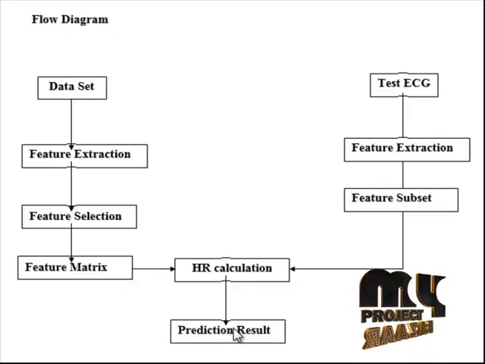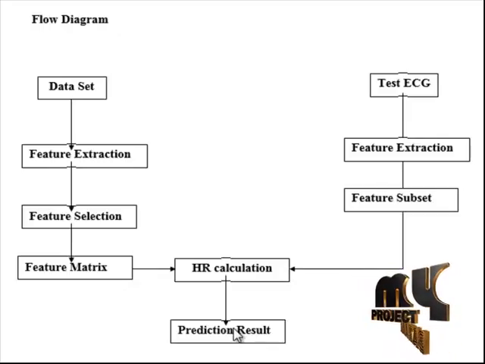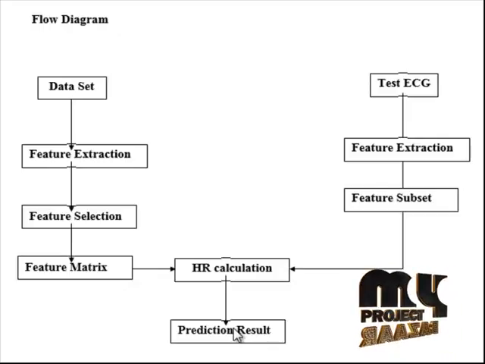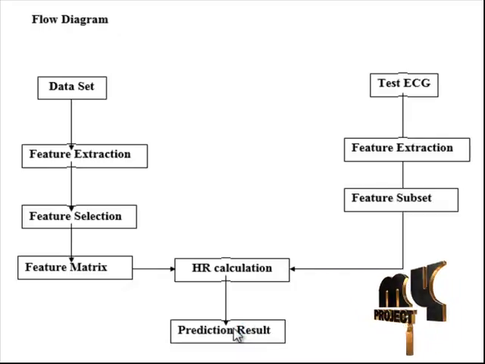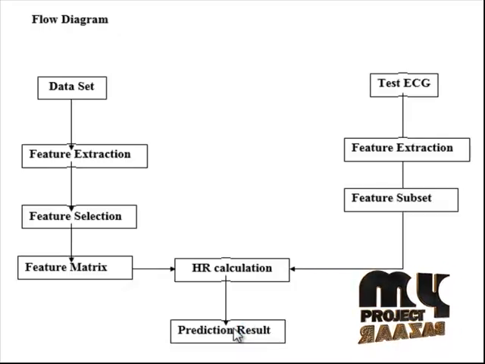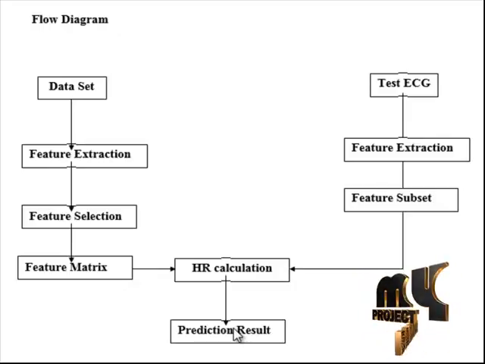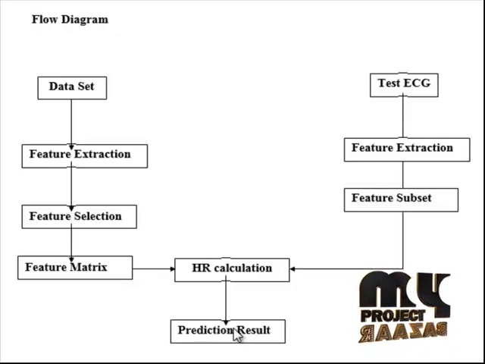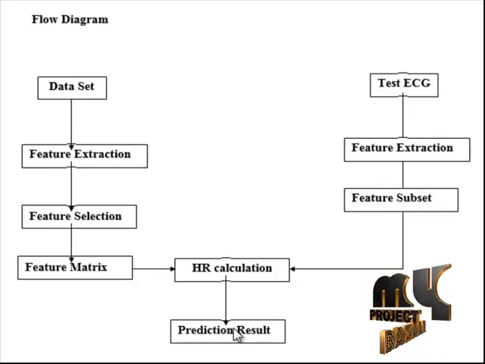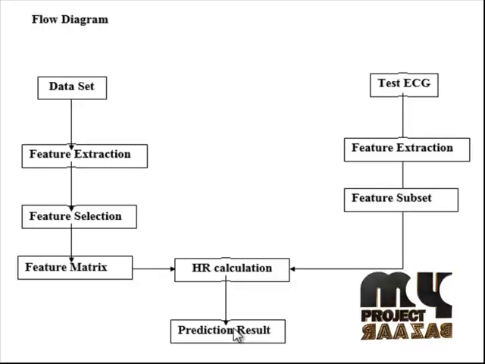With the prediction result, we evaluate the performance of our system. The episode detection performance is measured in terms of sensitivity and positive predictive accuracy. The sensitivity parameter measures the ability to detect symptomatic episodes, whereas positive predictive accuracy provides the estimated likelihood that the detected episode is a true ischemic episode.